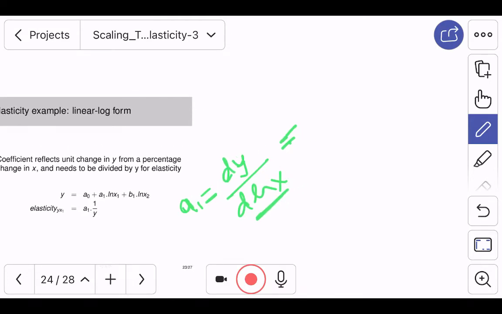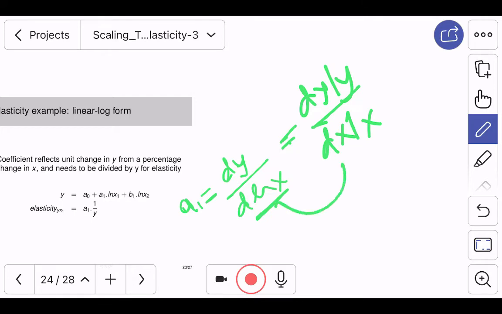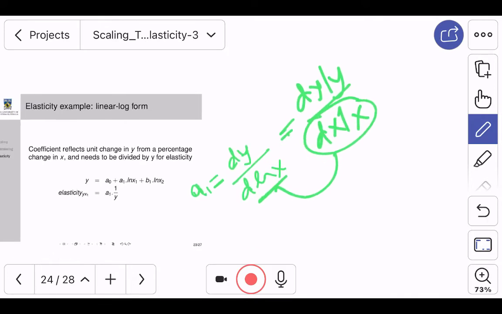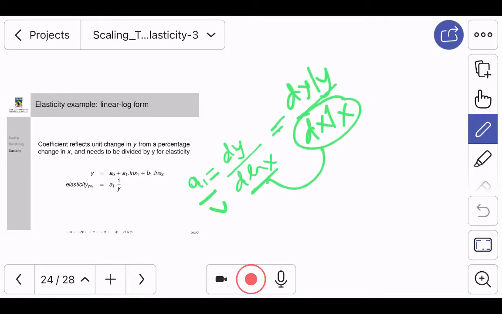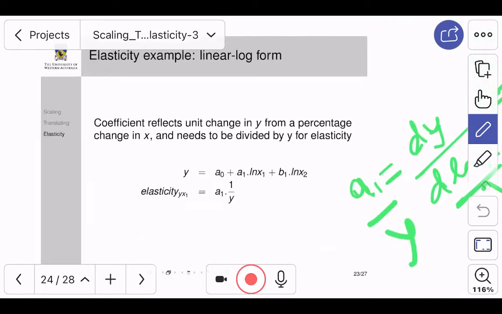But change in y is not proportionate change, so I need to divide it by y. Okay, whereas this one will take care of itself. So I need to divide this by y, and that's what we have here.